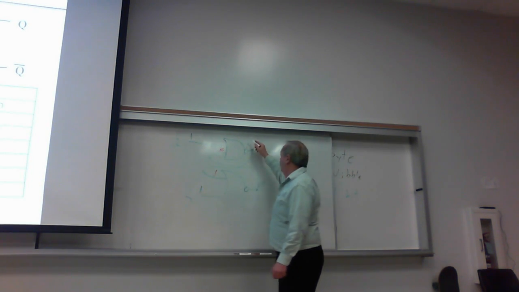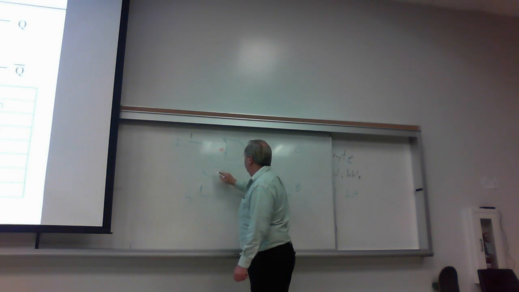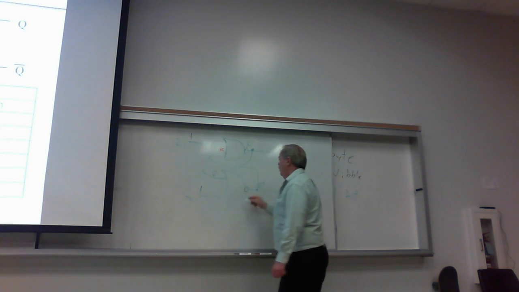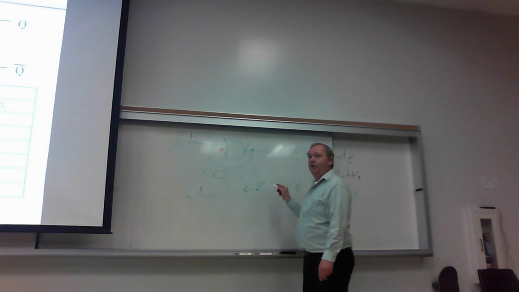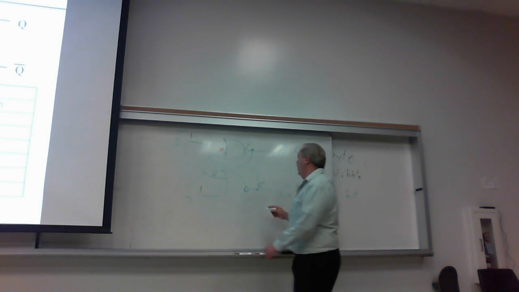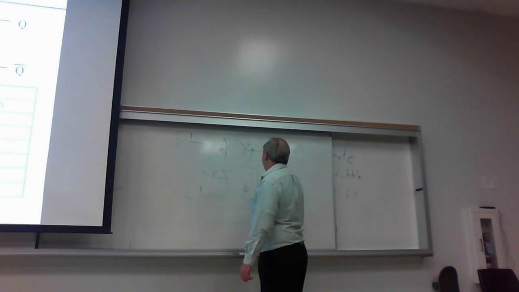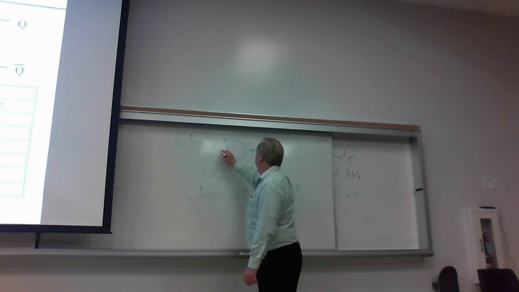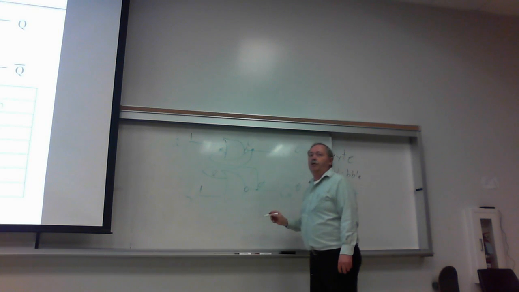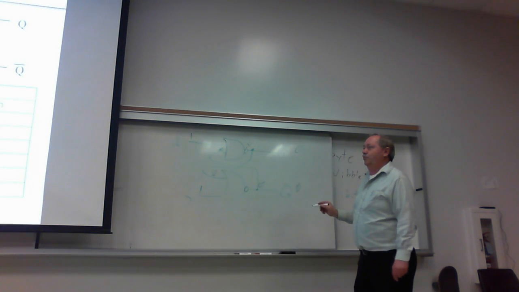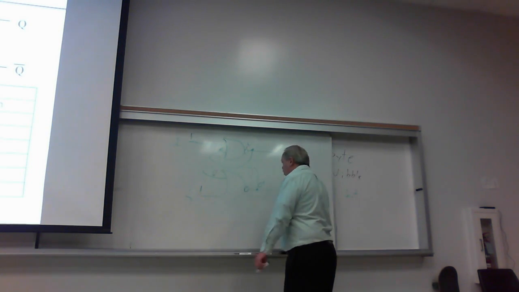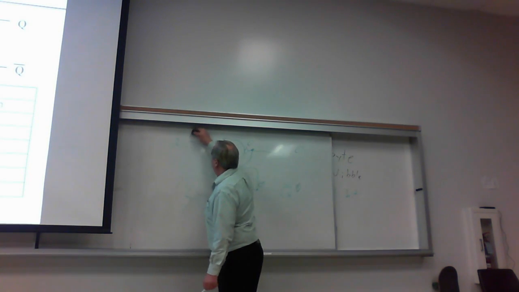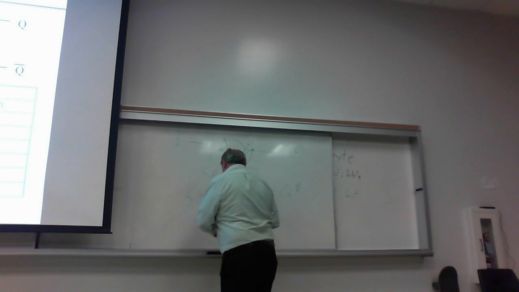But look what happens. When this 0 propagates here, does anything happen? No, nothing happens. And likewise, this 0 here propagates to here. Does anything change here? No. Nothing happens.